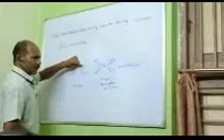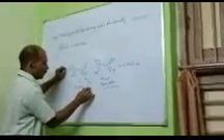This bond moment cancels this. Is it alright? Yes, sir. But these are added. This bond moment and this bond moment are in the same direction, so they will be added like this, and that will be directed towards this. Is it clear to you? Yes, sir. Okay.